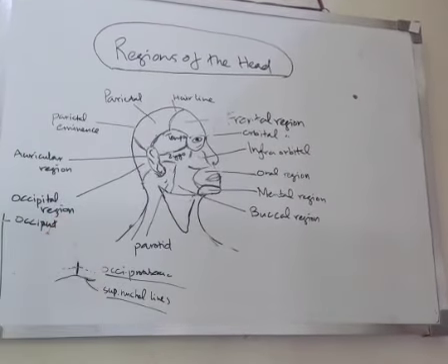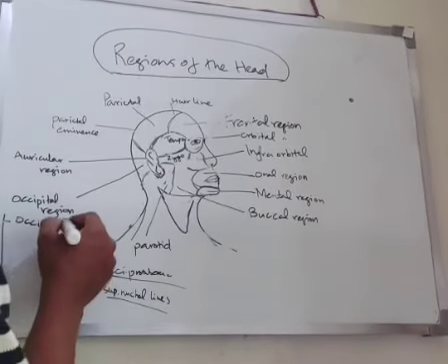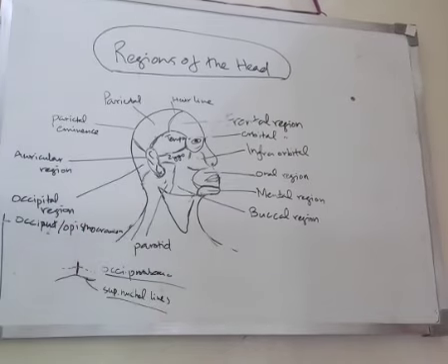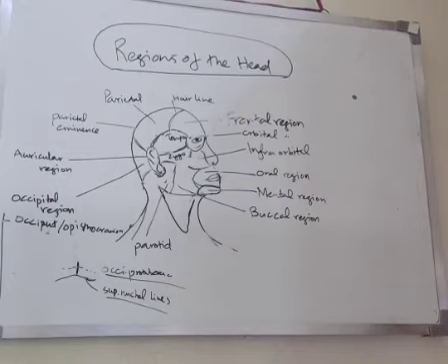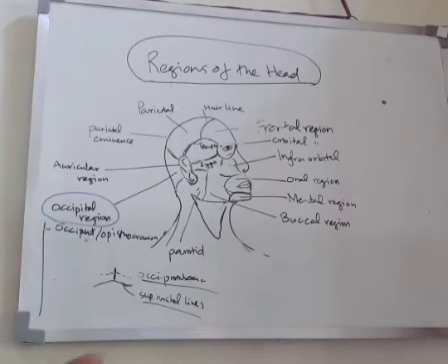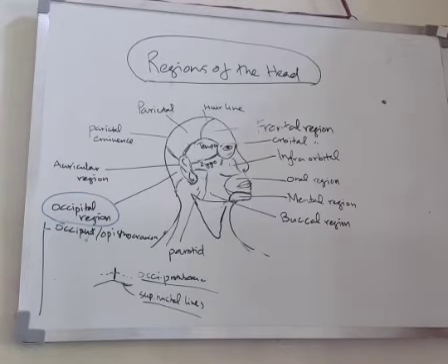What is this opisthocranium? This occiput is located at the most posterior part of the occipital region in the midsagittal plane. So that's the place.